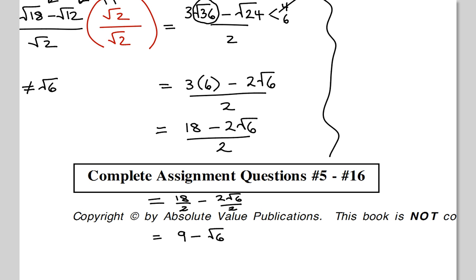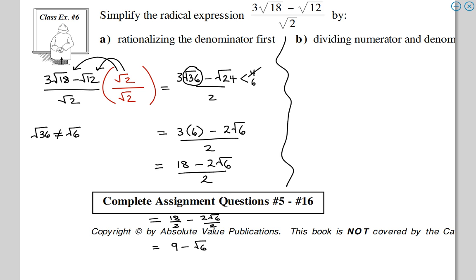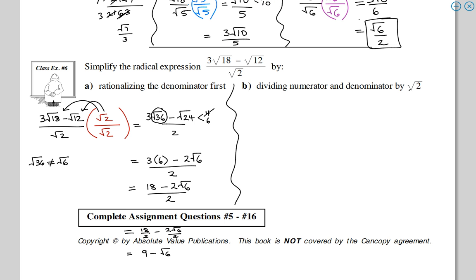Give you guys a couple seconds and we'll start the next question. Looks exactly the same. Wonder which one will be faster. Okay, so they want us just to divide first. So that means you take everything in the numerator and divide it by the denominator.